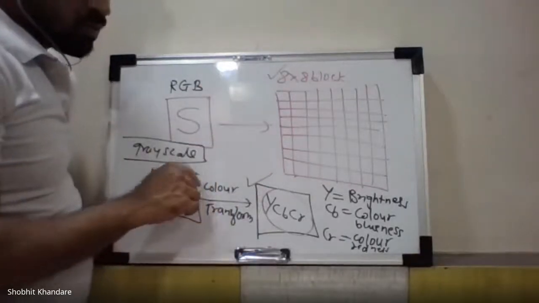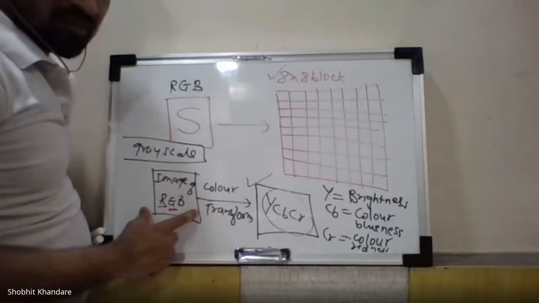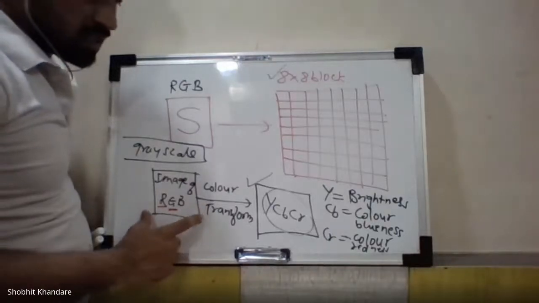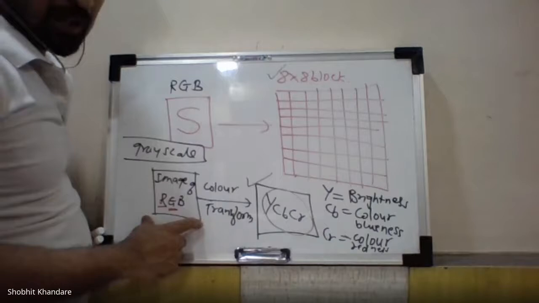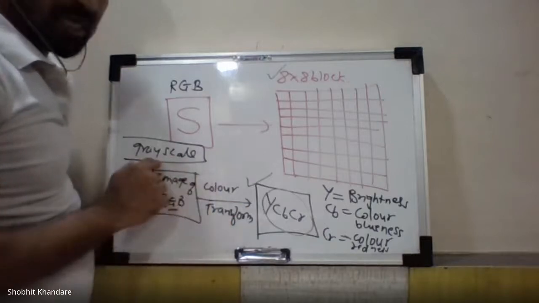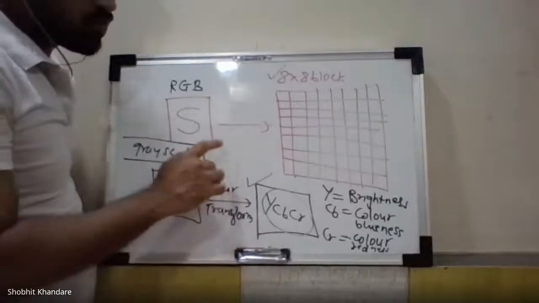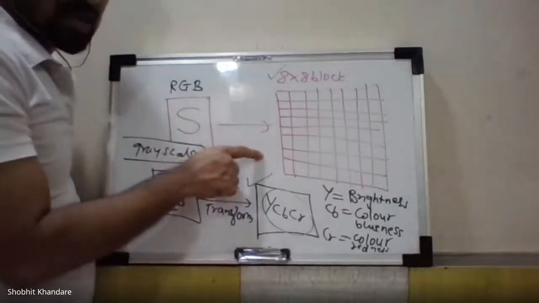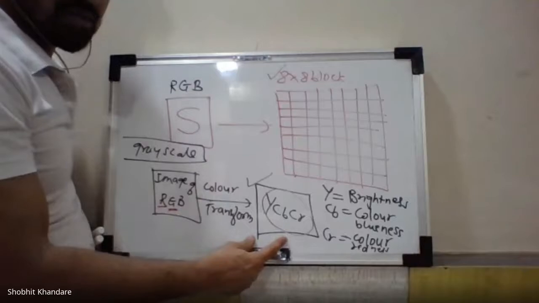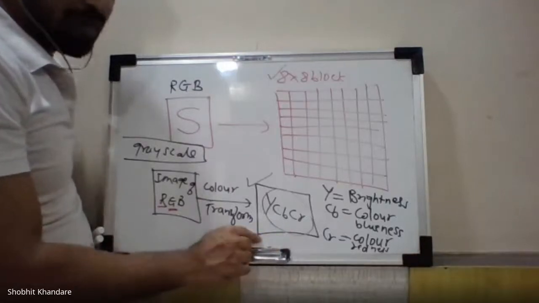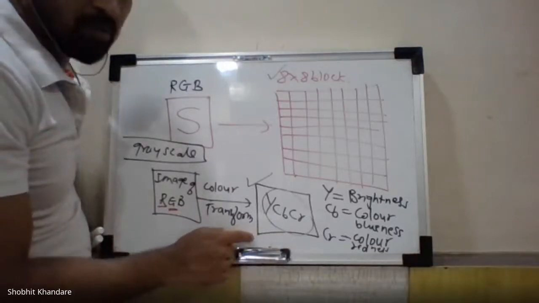Whatever the image you have, when you do it in grayscale, you are actually minimizing the frequency component. Now here I have to do the DCT, but before applying the DCT, I am doing the pre-processing.